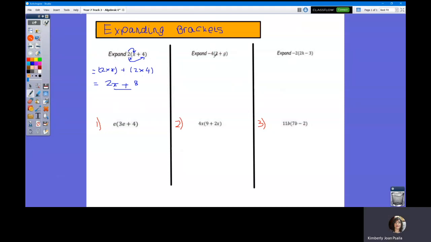Okay, so let's move on to this. You have minus 4 multiplied by all the terms and constant inside of this bracket. So first we're going to multiply minus 4 by 2. So minus 4 times 2, okay, you write down this plus sign and then you're going to multiply minus 4 times g.